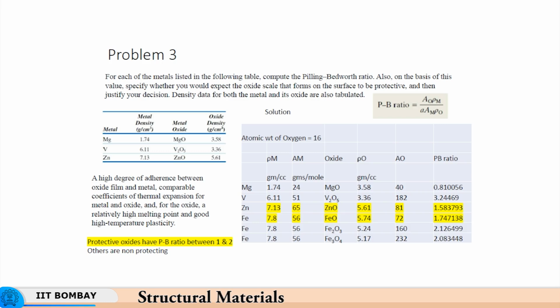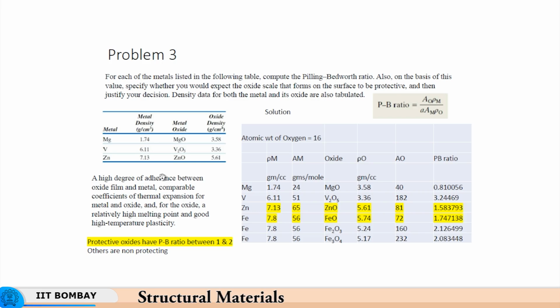Similarly, if the difference is very large, the oxide might get compressed too much, and therefore again it will result in spalling off of the oxide. So, the thermal expansion has to be similar, not different.